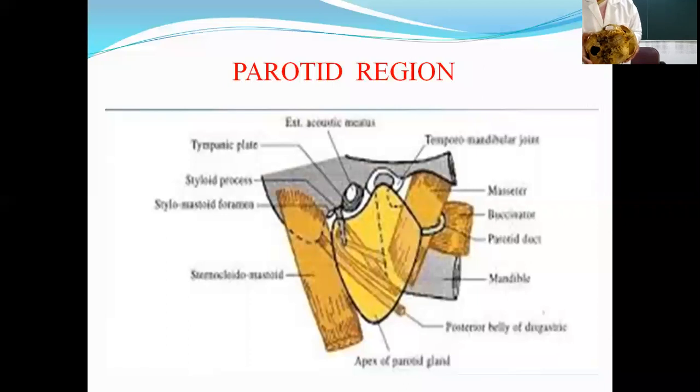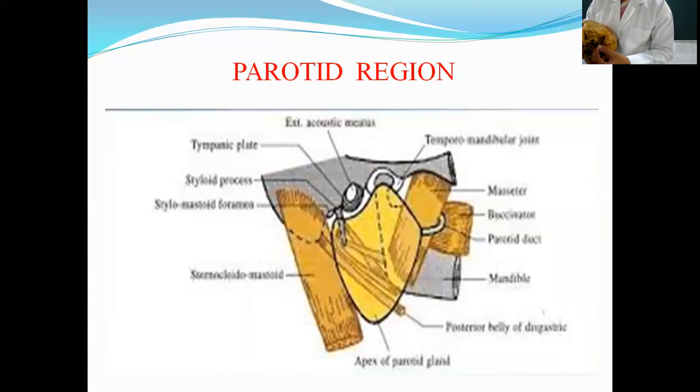Then what is the boundary on the medial aspect? See, this is the styloid process. Here you can see part of the styloid process is damaged, but this is the styloid process. It is an extension of the tympanic plate. The important structures attached here to the styloid process are three muscles: styloglossus, stylopharyngeus, and stylohyoid.